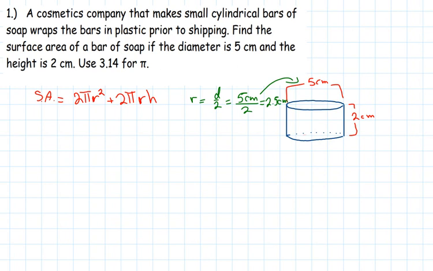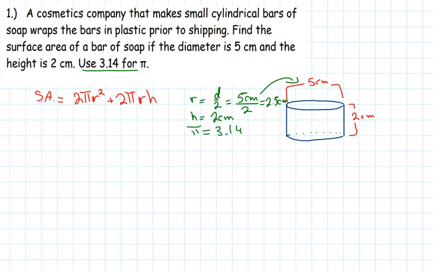The other thing we need, by looking at the formula, is the height, or h. The height is straightforward, 2 centimeters. As we talked about in class in grade 8, we use 3.14 for pi instead of the pi button on the calculator. We can go ahead and write this down, 3.14.